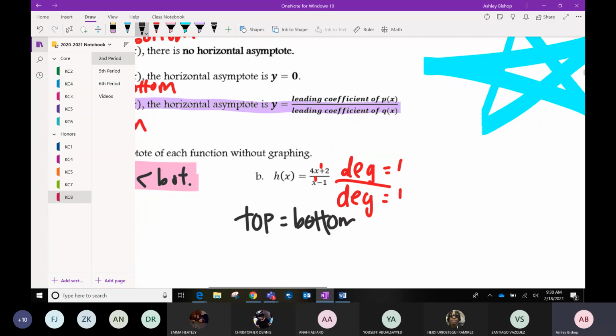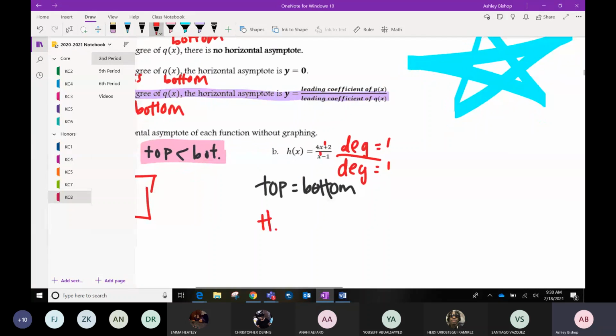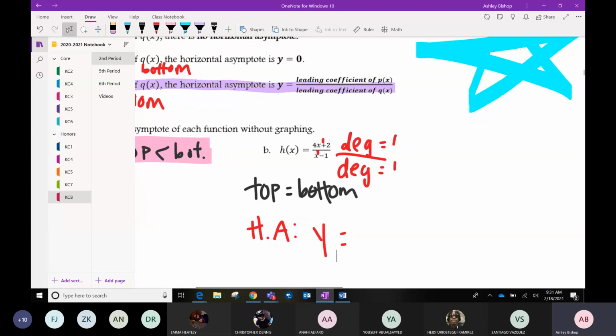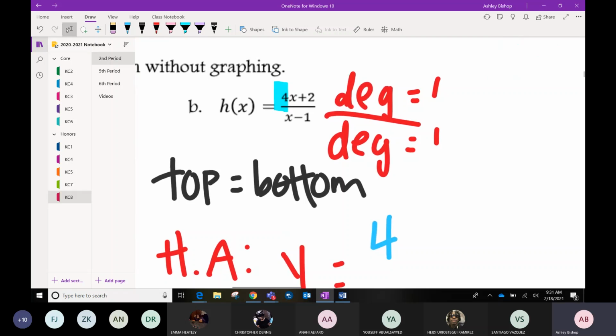And so when that happens, I'm going to read the rule. It says your horizontal asymptote is equal to y equals the leading coefficient. Remember, your leading coefficient is the number in front of the variable. The leading coefficient on top divided by the leading coefficient on bottom. So the leading coefficient on top is 4. That's the number in front of the variable. And the leading coefficient on bottom, in the chat, what is the leading coefficient on the bottom?